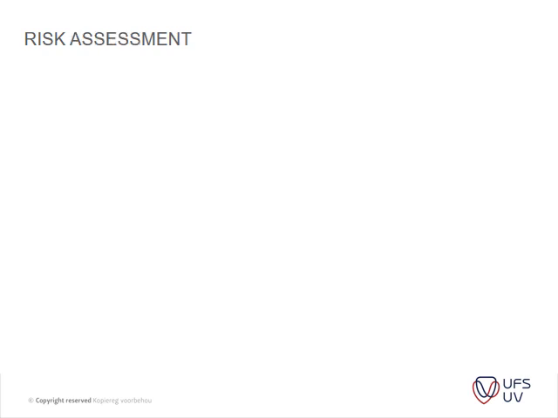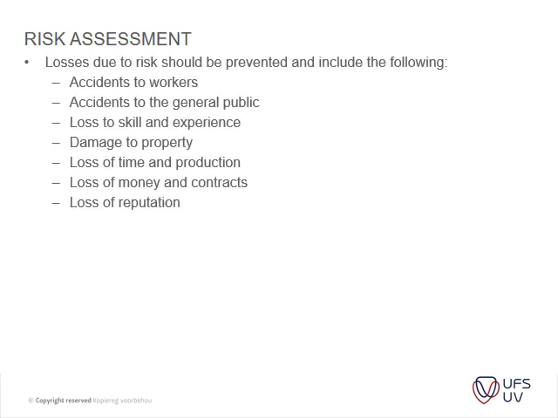Okay, then going to the risk assessments. There's certain items that you need to look at. Losses due to risk should be prevented and include the following: accidents to workers, accidents to the general public, loss of skill and experience, damage to property, loss of time and production, loss of money and contracts, and loss of your reputation, and thus future business.